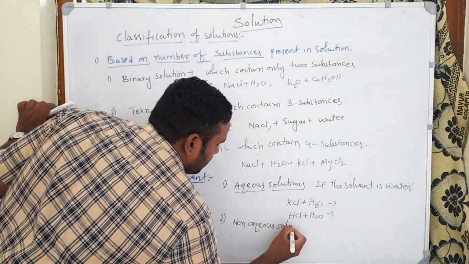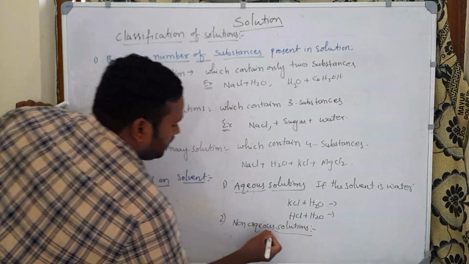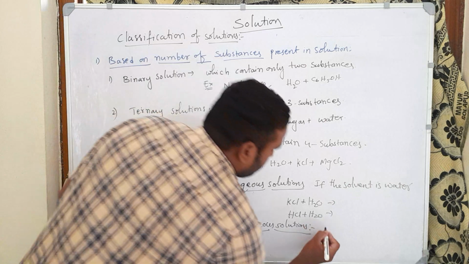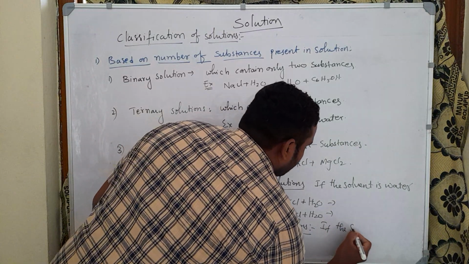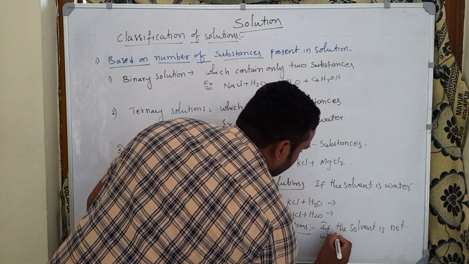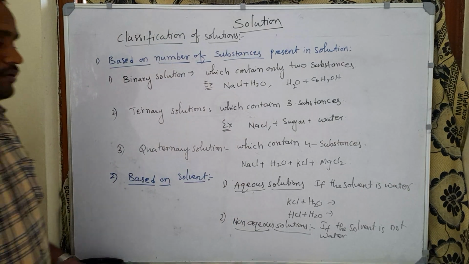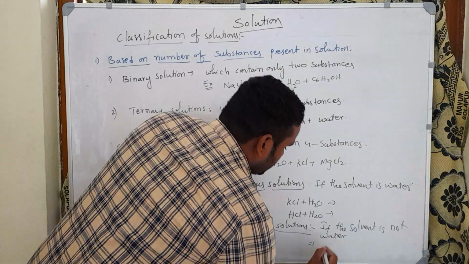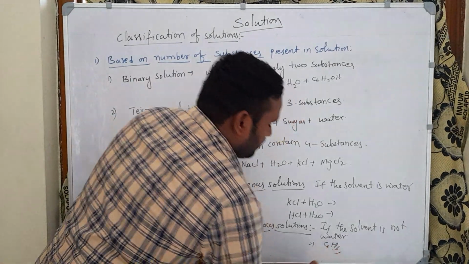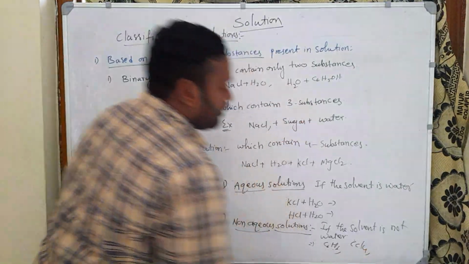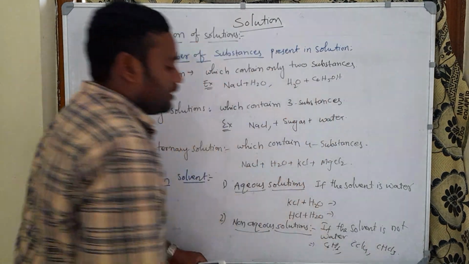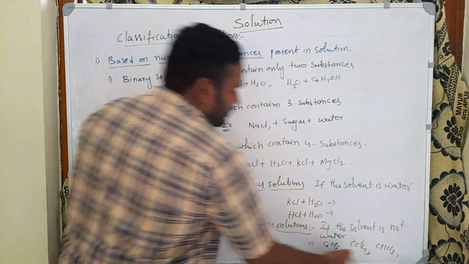Next, non-aqueous solutions. What is a non-aqueous solution? If the solvent is not water, that is called non-aqueous solution. For example, we can take benzene, C6H6, CCl4, carbon tetrachloride, chloroform, CHCl3, etc. All these act as non-aqueous solvents.